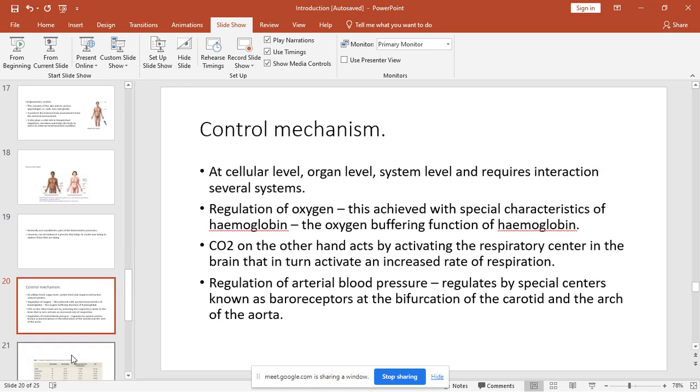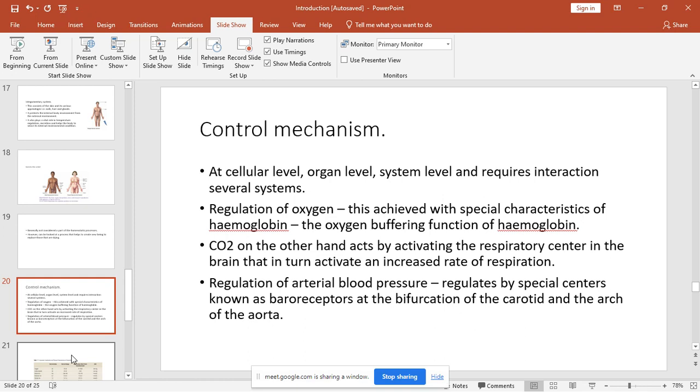We can talk about control mechanisms in the body. The body has certain mechanisms that help, either at cellular, organ, or system level, to keep this constant environment that we're talking about.